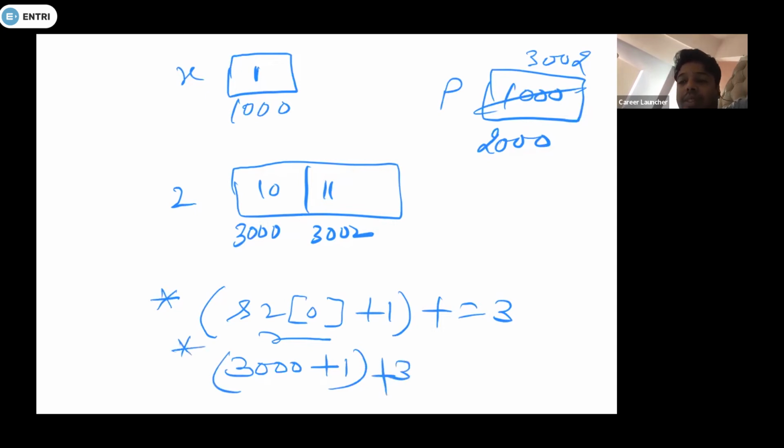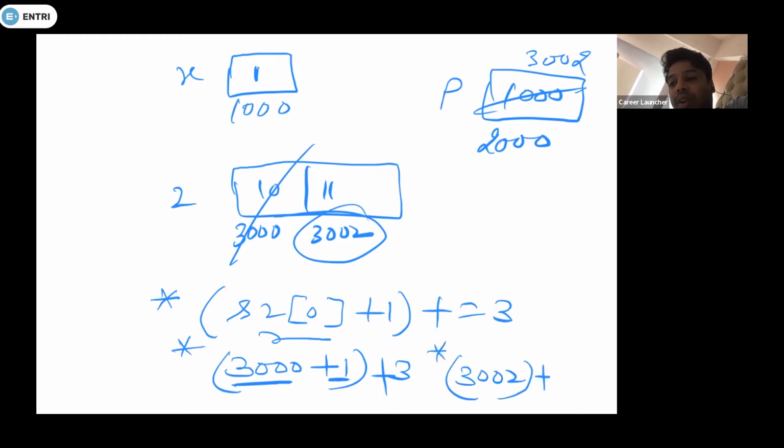So 3000 plus 1 skips one element, which gives 3002. The value at 3002 is 11, plus 3, which is 14. It becomes 14 here.